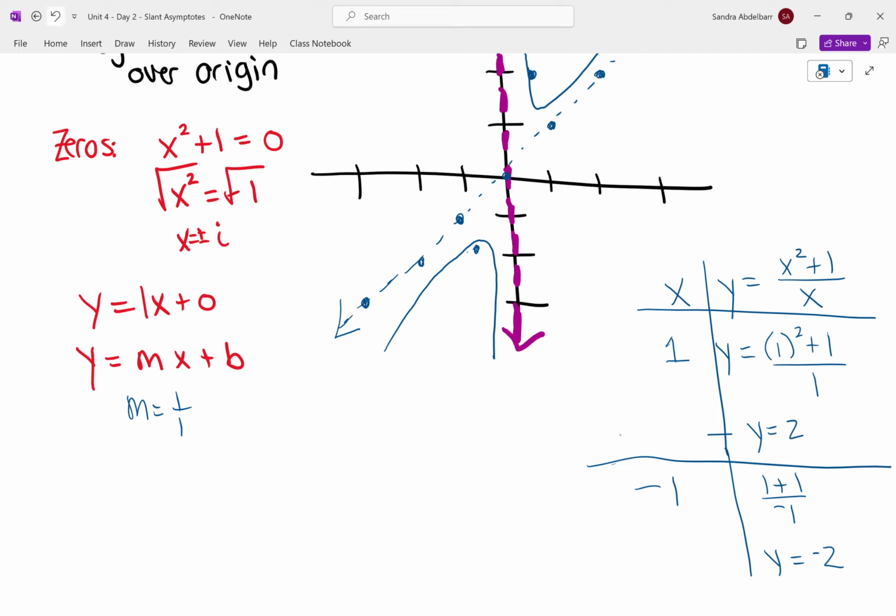So we are now at (-1, -2), which brings us exactly where we thought we would be. Something like that.